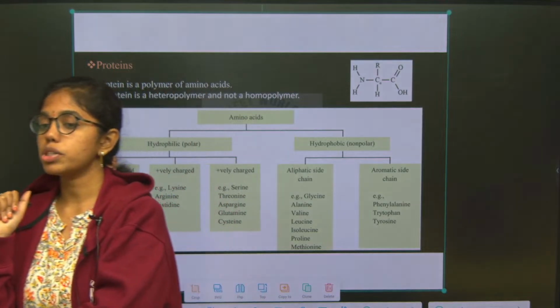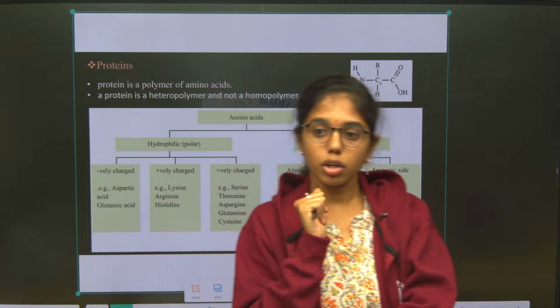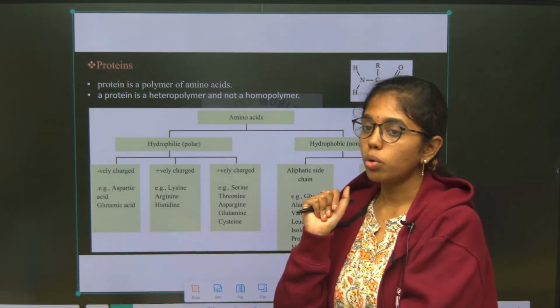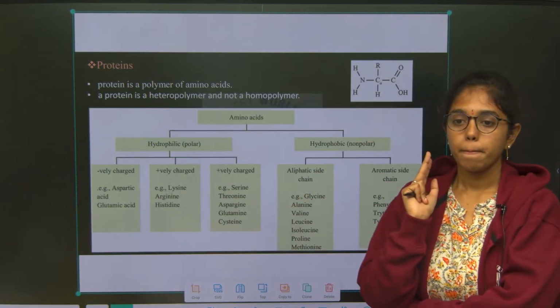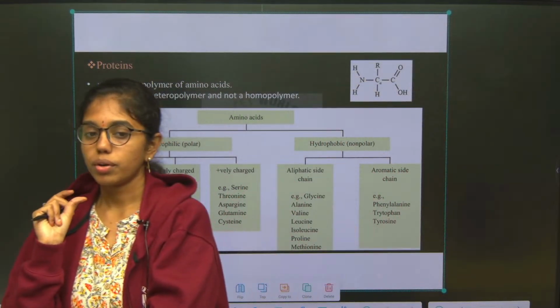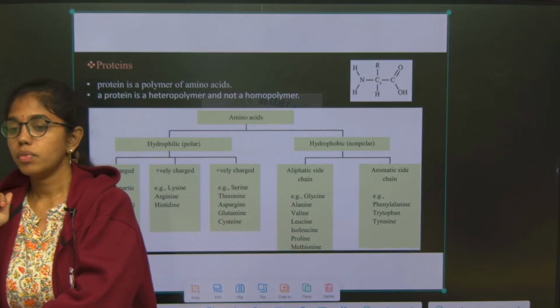Tell me the composition of lactose. Lactose is made up of galactose and glucose. And maltose? Glucose and glucose. And one more disaccharide? Trehalose combination? Two glucose units. Okay.